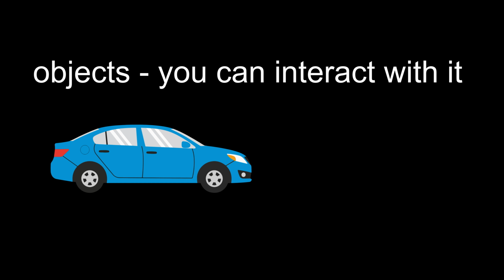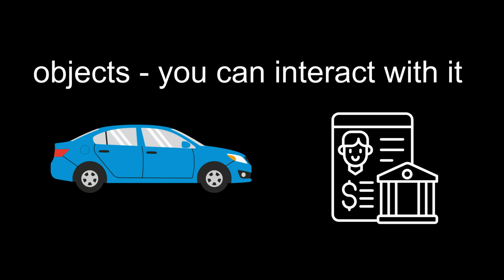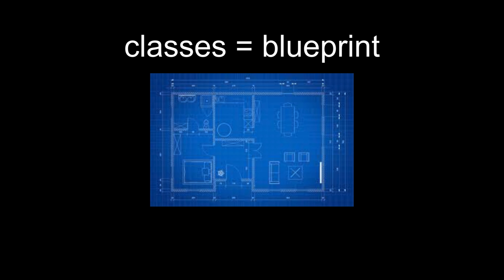Objects are things you can interact with, like a car or a bank account. But classes are blueprints. They define how an object behaves, like an instruction manual on how to make a car.